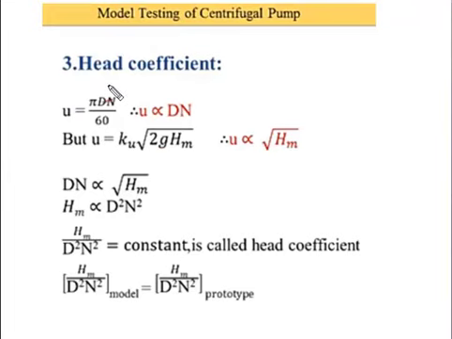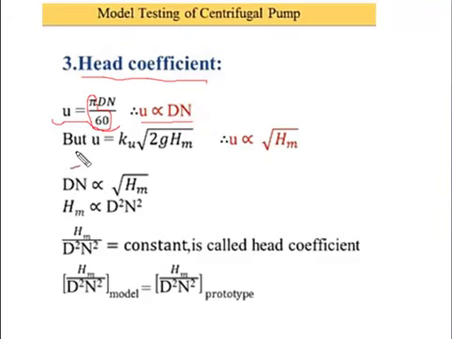This is the third parameter on which we can test a prototype model of a centrifugal pump. We know that blade velocity U is equal to pi dn divided by 60. Eliminating the constant in this equation, that is pi by 60, we get U is directly proportional to d into n, where d is the diameter of the impeller and n is the revolution of the impeller in RPM.